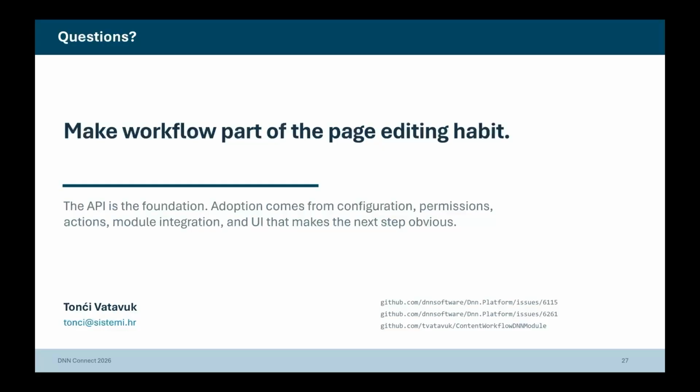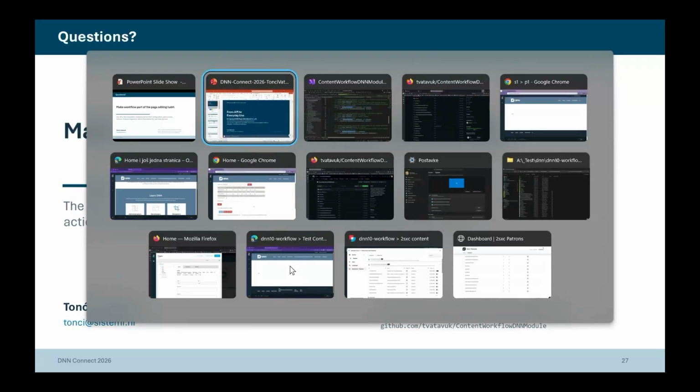Yes, so the question is how an editor or manager can find the current state, or a list of the pages that are in different states, using the current UI. The current UI is very, very minimalistic, and it can be improved in many ways.